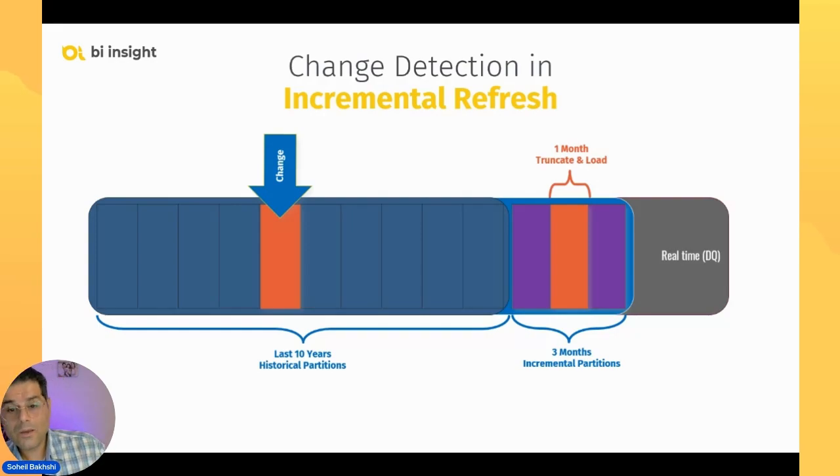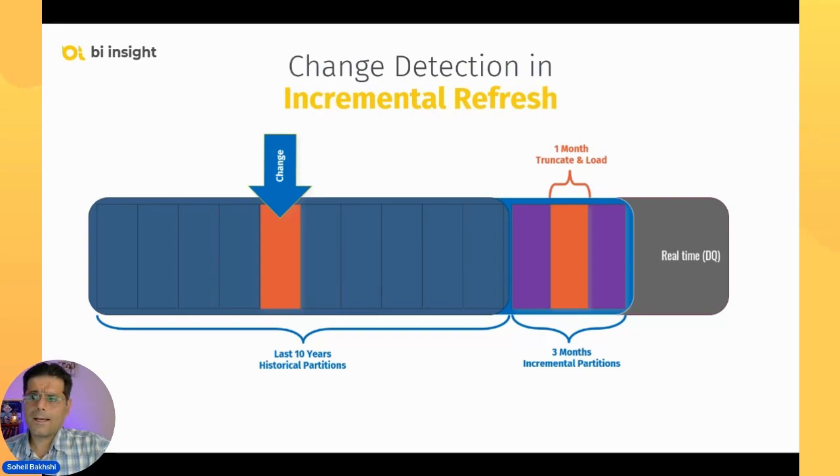Here's the good news. We can refresh partitions. Remember that I mentioned earlier, understanding different types of processes across model, table, and partition. This is one of the examples that we really need to think about, understanding our processing options at the partition level.